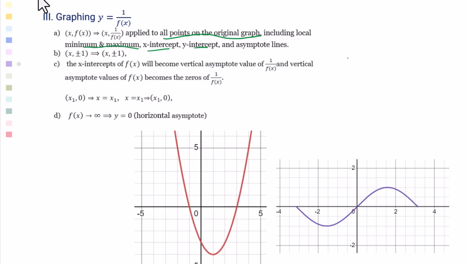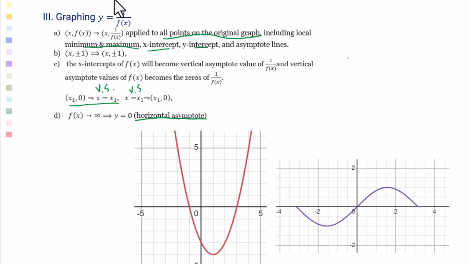The x-intercept will be changed into a vertical asymptote line. A vertical asymptote line will be changed into an x-intercept. F of x approaching infinity will be changed into the horizontal asymptote line, y equals 0.